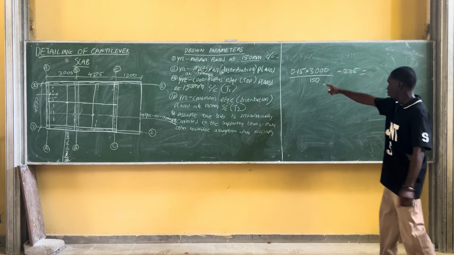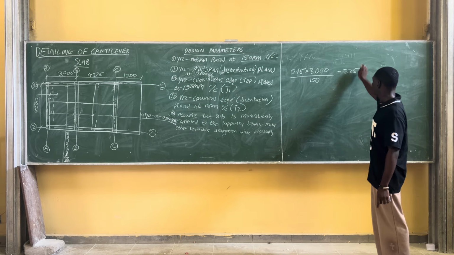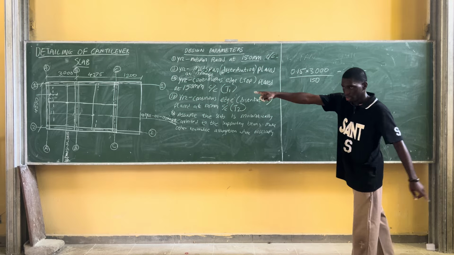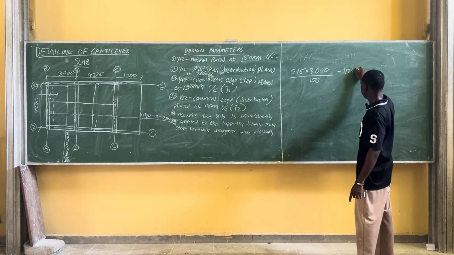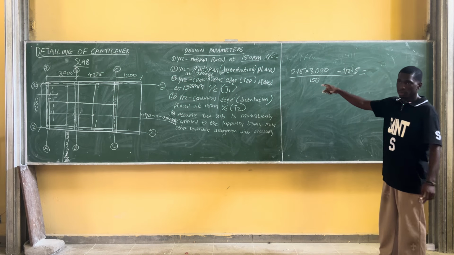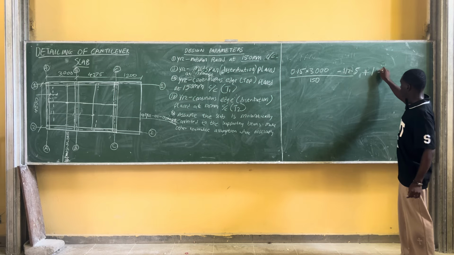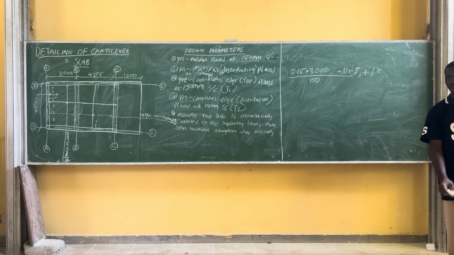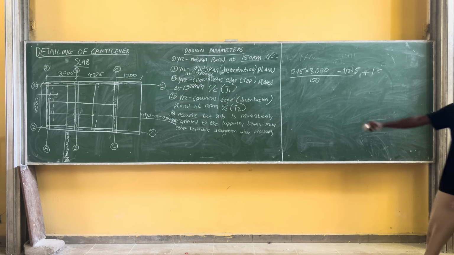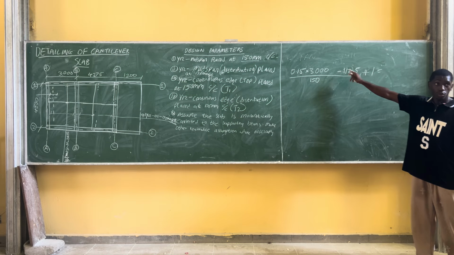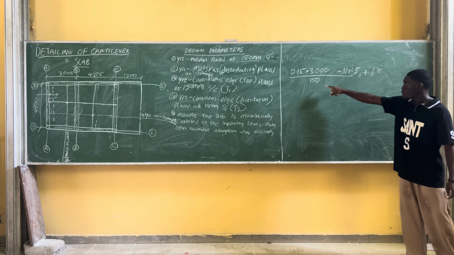Do this value. Yes, minus 225. I'm sorry, 112.5, half of this wall size. Yes, 112.5 divided by the spacing plus 1. What are we getting? You do 0.15 times 3000 minus 112.5, divided by 150 plus 1.